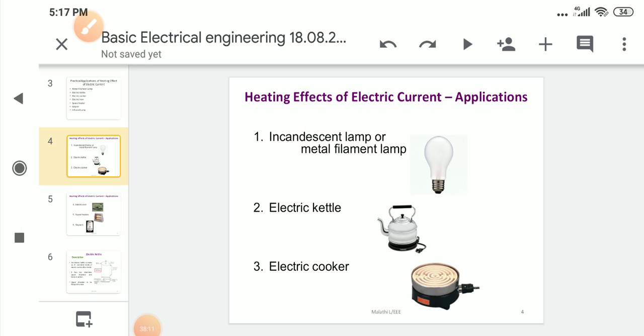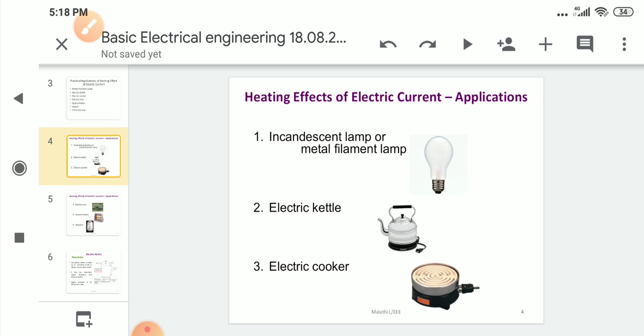Here is the summary: we studied these seven types of applications up to now. The first one is the metal filament lamp, in which light is produced by the heat of the filament. That's why it is called a filament or incandescent lamp. This works on the principle of what?